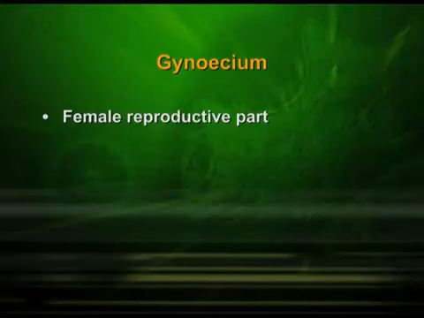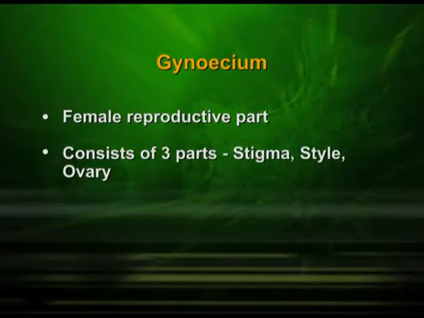Gynoecium. It is the female reproductive part and it consists of 3 parts. If we have a look at this flower and open the calyx and the corolla, we can easily see the structure of the gynoecium.